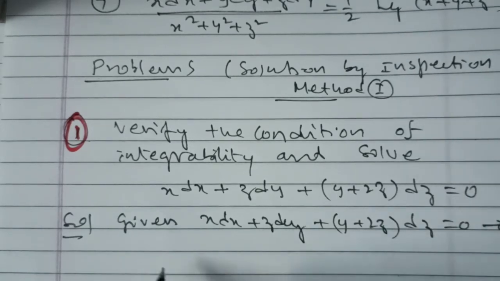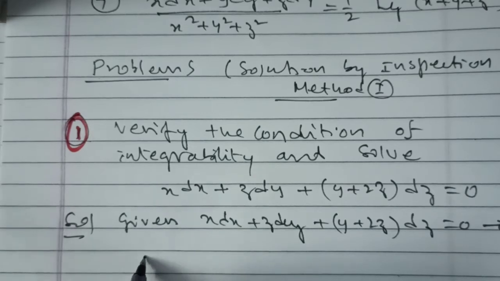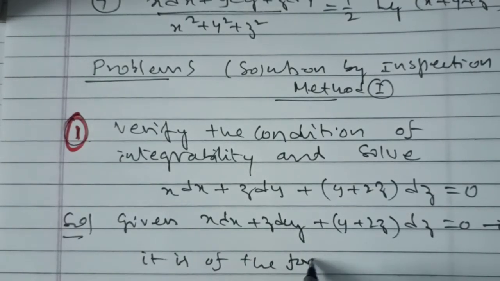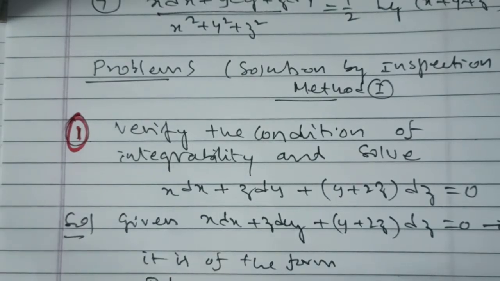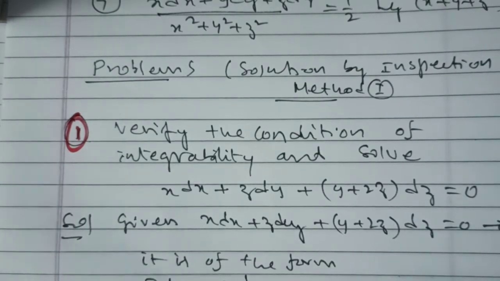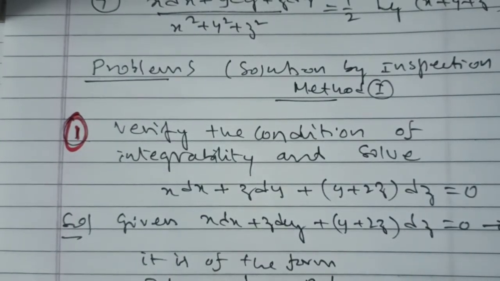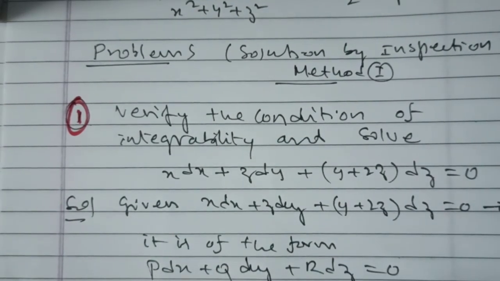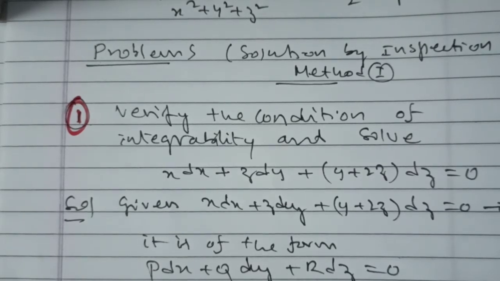Take this as equation 1. Compare this equation with the form p dx plus q dy plus r dz is equal to 0. This implies p is equal to x, q is equal to z, r is equal to y plus 2z.